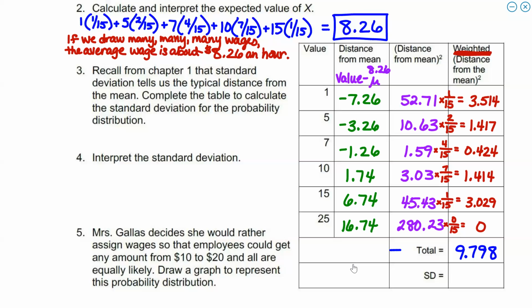So this total right here, this is called my variance. And it is equal to the standard deviation squared. For my standard deviation, I just want sigma. So I want to take that number and I want to square root it. 9.798. What are we getting?